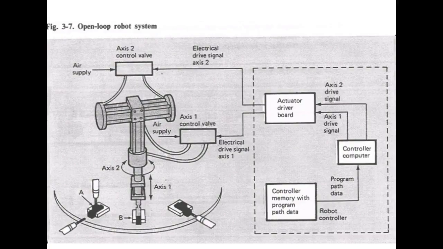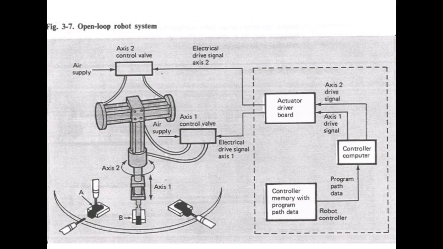So this is open loop control. We still have to have valves and stuff, but open loop robots would basically depend on hard stops. And if it's going to be reprogrammable, those would be variable hard stops.